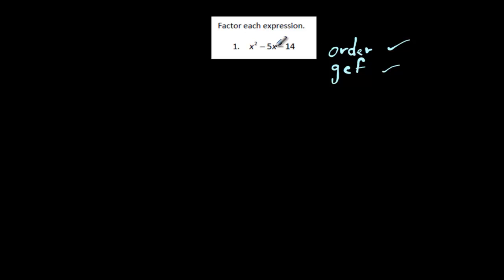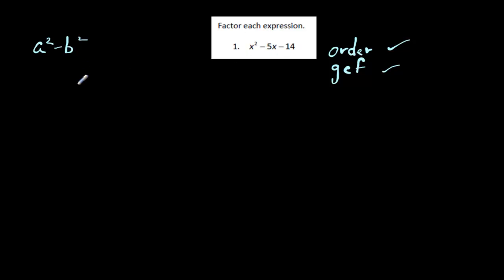So next we want to figure out if it's a special case factoring, meaning is it a difference of squares? Well, no, because the difference of squares looks like this, right? And this is three terms.